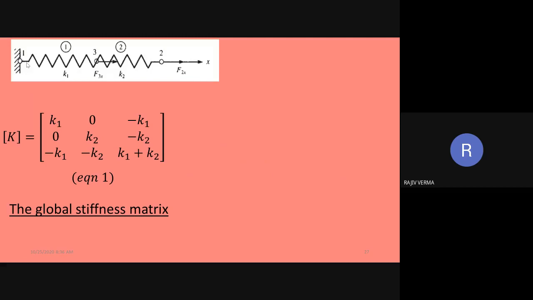So we have the domain on display. We have the global stiffness matrix given by equation number 1, and then we simply write the corresponding degrees of freedom, U1, U2, and U3 in the global stiffness matrix.